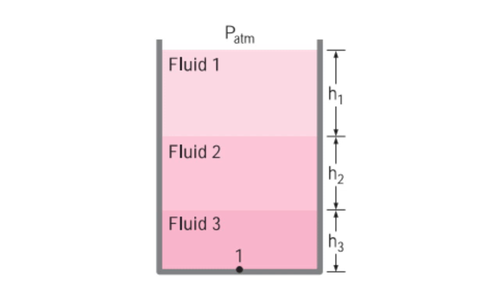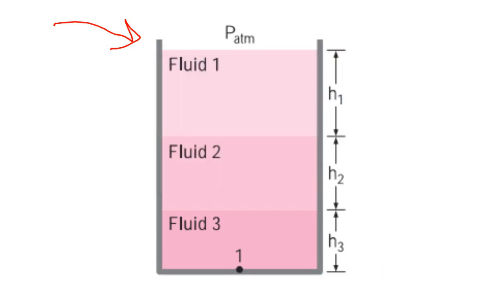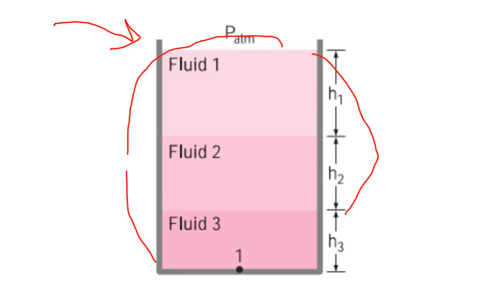So we have said, if we have such a tank, and the above surface is exposed to the atmosphere, right at the top we'll have atmospheric pressure, and as we go down we will have the pressure increasing. Now in this case we have a layer of fluids. We have 3 fluids, as you can see here. So I want to ask you, how will be the pressure distribution?